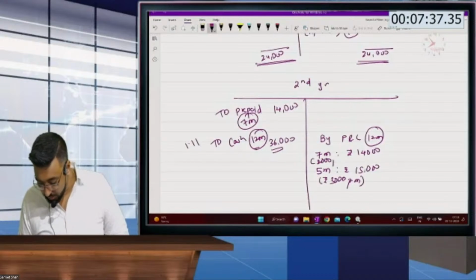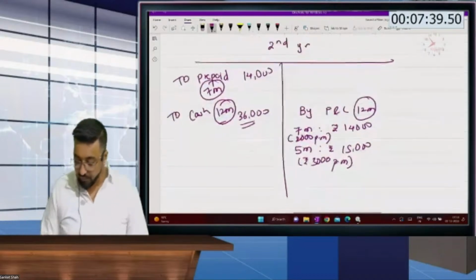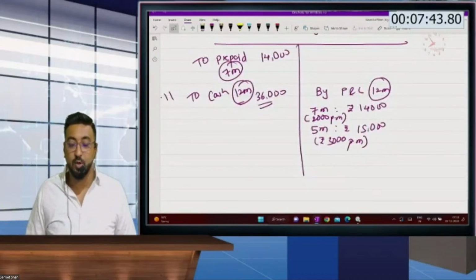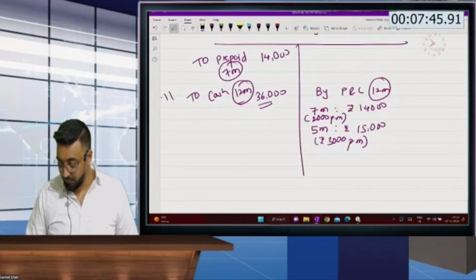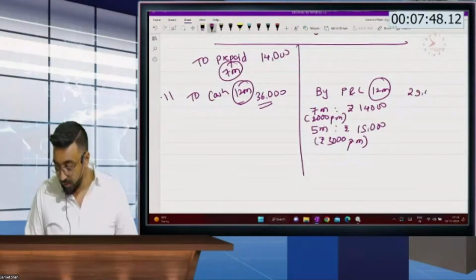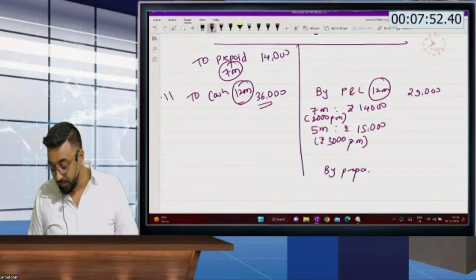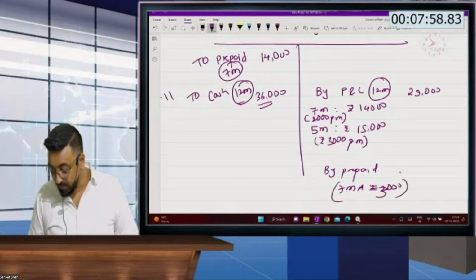This is 3,000 per month. So P&L, you will transfer 12 months, 15 plus 14, 29,000. Beta, if you are not getting this concept, I'm telling you, it's very difficult in intermediate. This is 21,000.